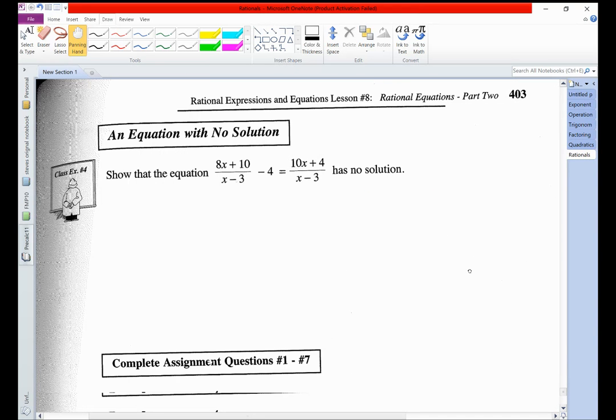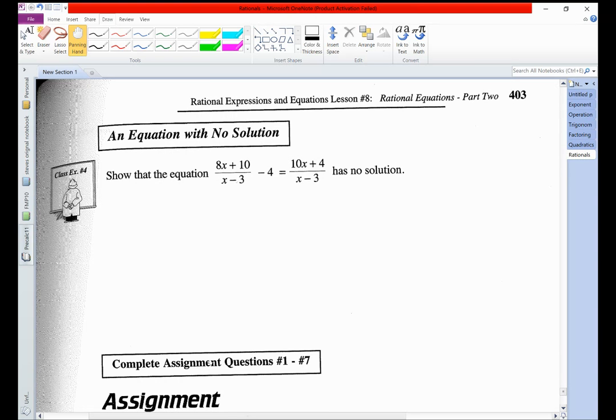There we go. Cool. The last one I want to look at is an equation with no solution. So you can see here that if we look at this equation, we have a non-permissible value of x cannot equal +3. So let's go about solving this. And when I solve this, I'm going to multiply everything by x minus 3.